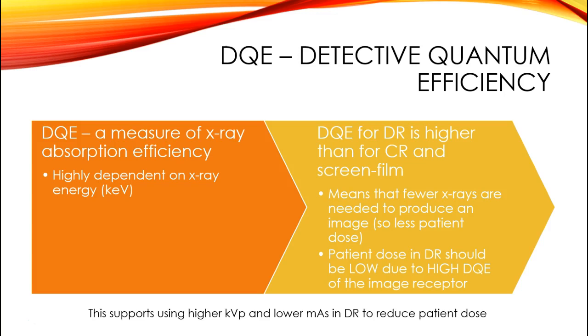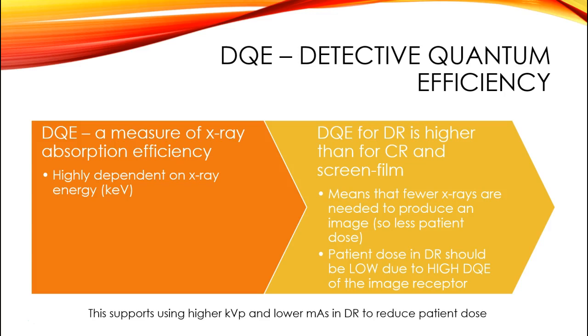For example, cesium iodide, which is one of the most popular materials in DR, has a very high DQE. So it's very, very efficient at utilizing X-ray energy to make an image.